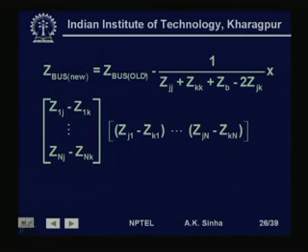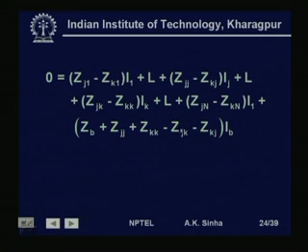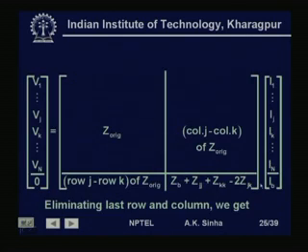If we do that, then the new Z bus matrix will be equal to the old Z bus matrix minus 1 by this term, ZJJ plus ZKK plus ZB minus 2ZJK. We are writing it this way because ZJK and ZKJ are equal, therefore the minus 2ZJK is coming here.